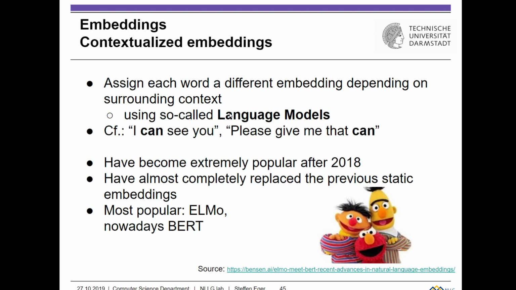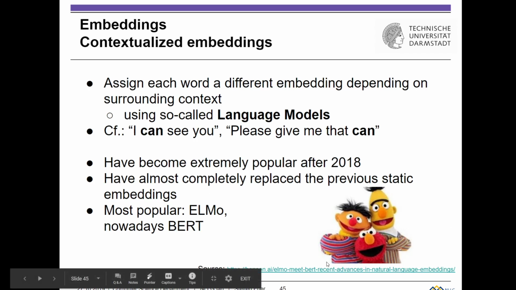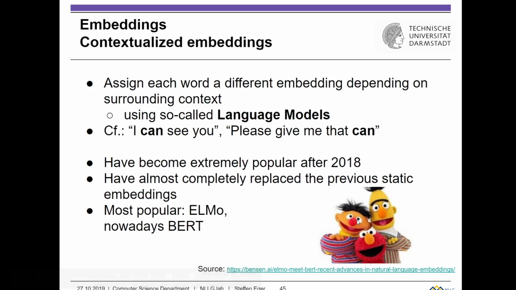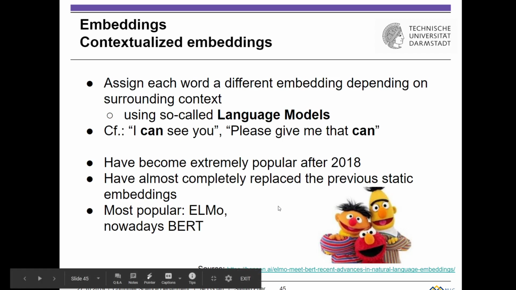And the most fancy current techniques in this context are so-called contextualized embeddings. They came about in around 2018 with a model called Elmo. And here you see these characters from the Muppet Show, Elmo and Bert, or maybe this is Elmo, I guess, and this is Bert.